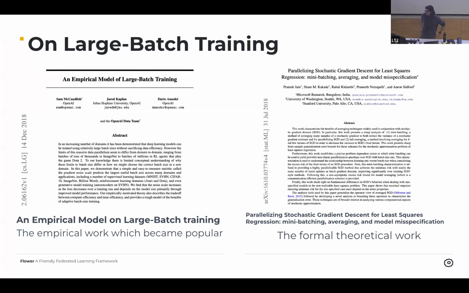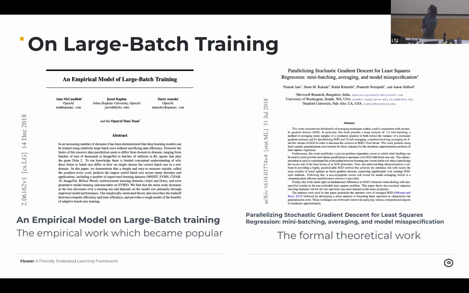Now, first, let me reference the original paper. The title is An Empirical Model of Large Batch Training. It's a work by the OpenAI Dota team back in 2018. This is the empirical model. They did a bunch of experiments using several data sets, several tasks, several types of architectures, and training a lot of models.